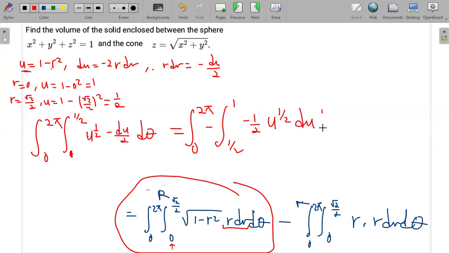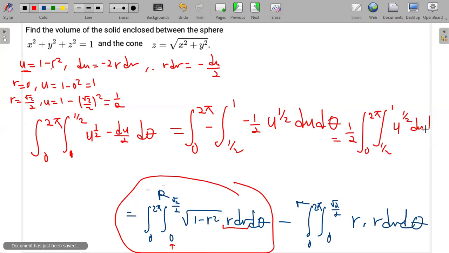Now I can multiply the minus 1 over 2 with the negative there. What I get is 1 over 2 outside, 0 to 2 pi, and then the integral from half to 1 of u to the power half du d theta. So that's what I have.